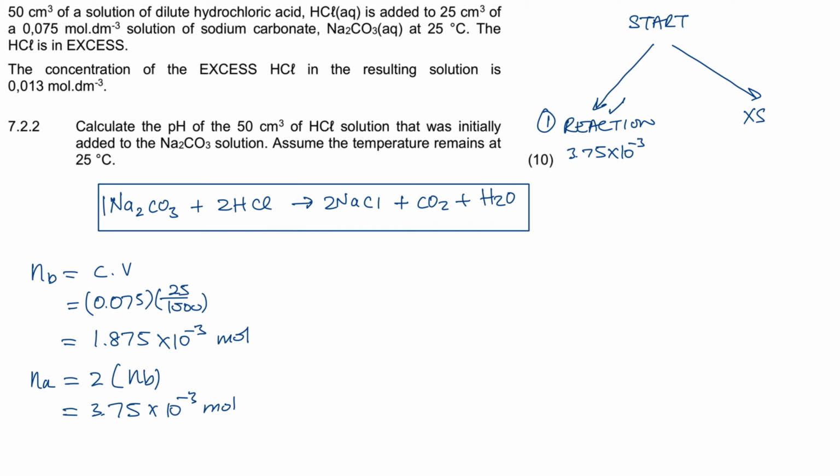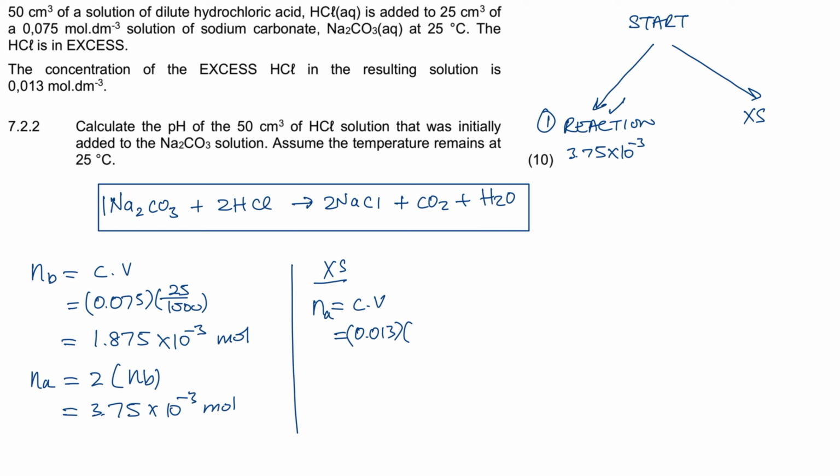Now let's figure out how many moles is in excess. In excess, we know the concentration and we know the volume. To calculate number of moles, it's going to be concentration times volume. So concentration 0.013, and the volume is additive. Remember, this is at the end.